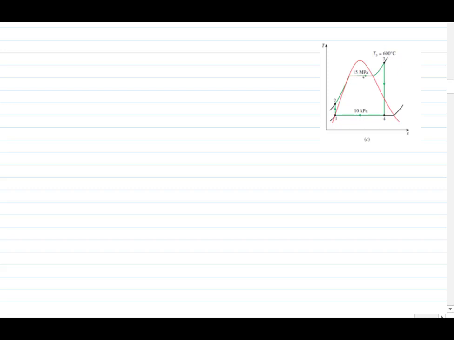Here the pressure is increased, and you can see that the temperature of the superheated steam in state 3 is also 600 degrees Celsius like part B, but higher than the temperature of this state in part A. Let's see how we can calculate the thermal efficiency for this cycle.